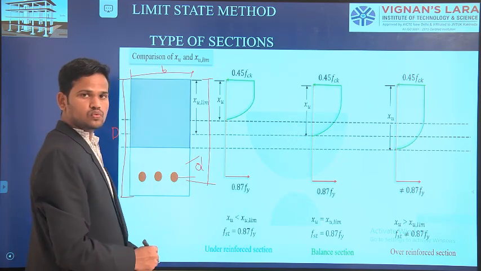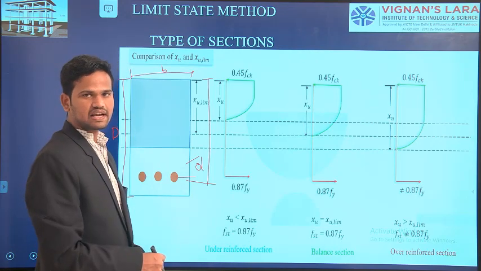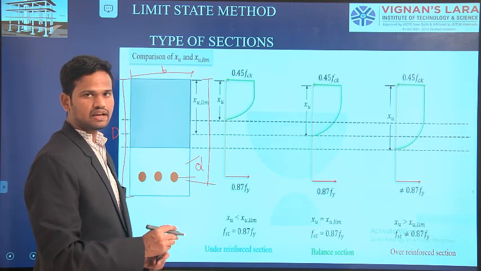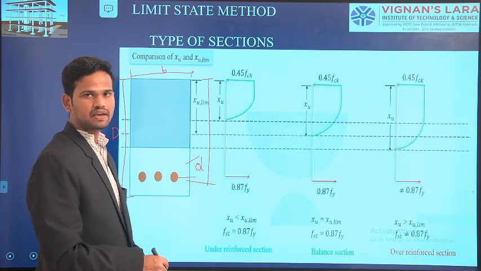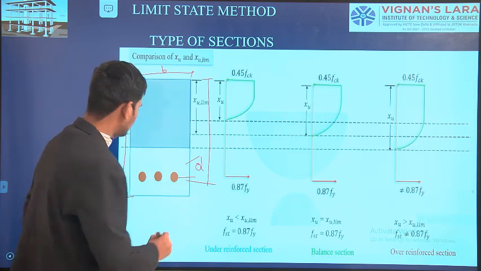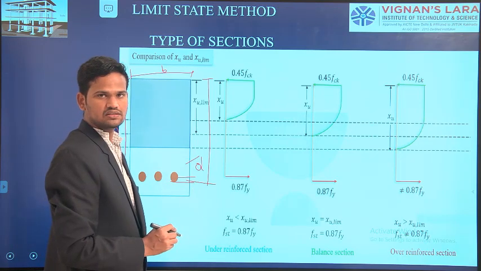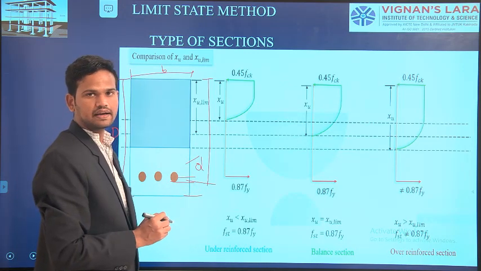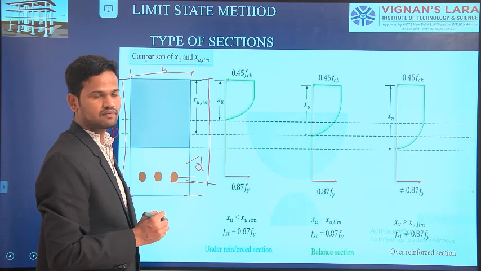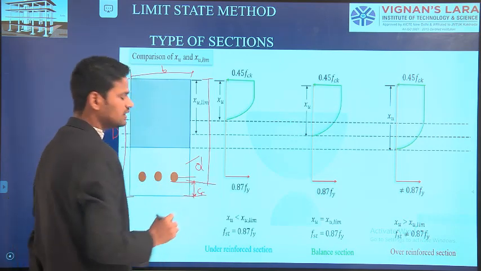We have already discussed clear cover and effective cover, but again I want to explain what they mean. From the bottom of the steel bar to the bottom of the concrete, the cover provided is called the clear cover.